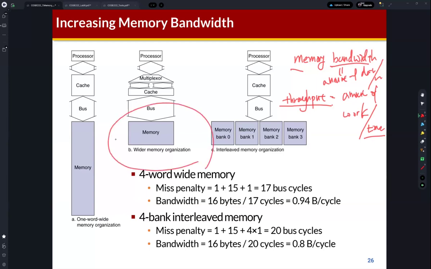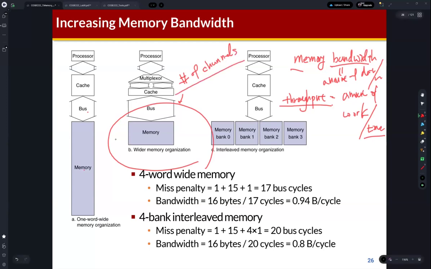So you can find, this is the bus, and this is the memory, and we want the memory to provide high bandwidth. But the problem is the memory is slow, right? In order to provide high bandwidth, we need to increase the number of channels.